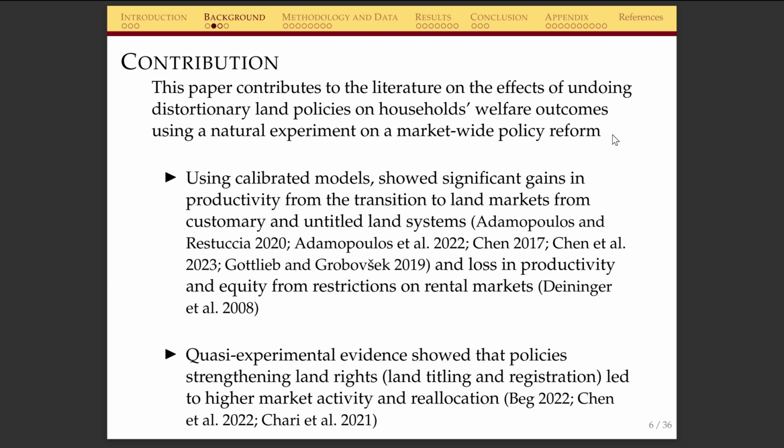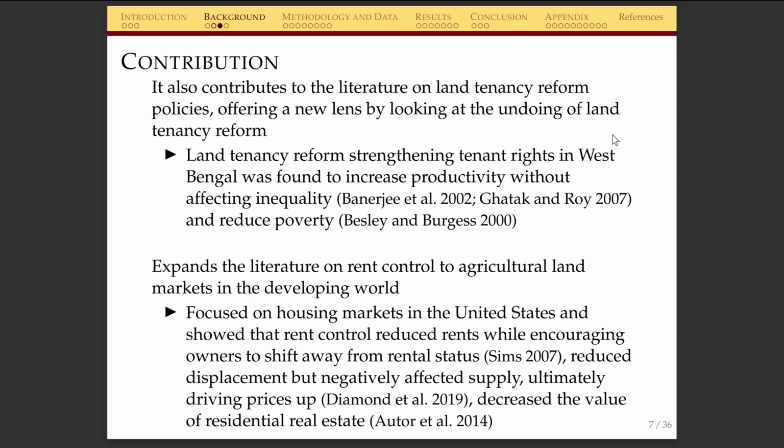It also contributes to the literature on quasi-experimental evidence showing that specific policies strengthening land rights, such as land titling and registration, lead to higher market activity and reallocation. It also contributes to the literature on land tenancy reform by offering the lens of undoing the land tenancy reform.